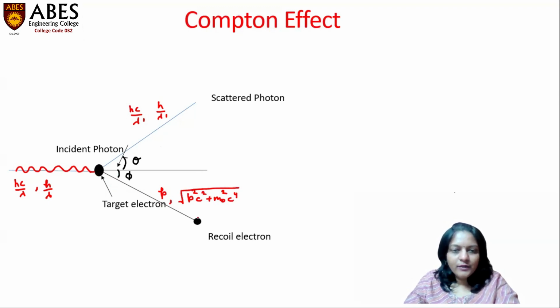This electron is called recoil electron, and it is deflected at angle phi, and the photon is deflected at angle theta. So there is a two particle system. In this derivation, there are two particles: one is the electron and another one is the photon.